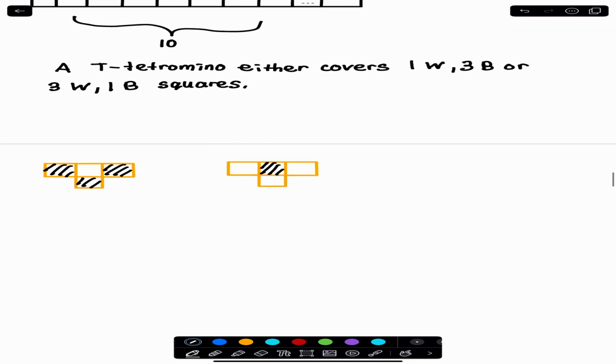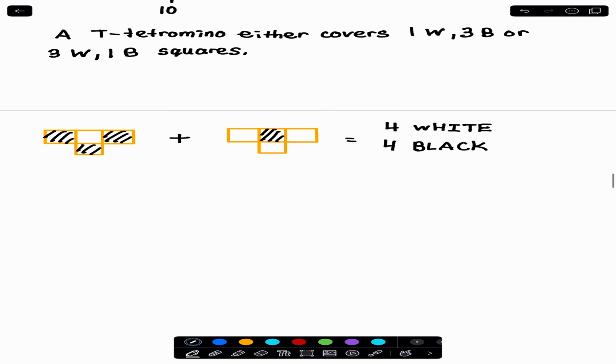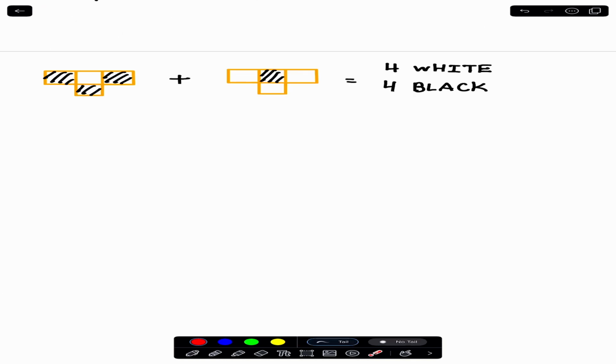That means we're going to have to put them together so that we can finally get an even number of white and black squares. Right? So if we put these two together, we get 4 white and 4 black squares. So we have an even number.